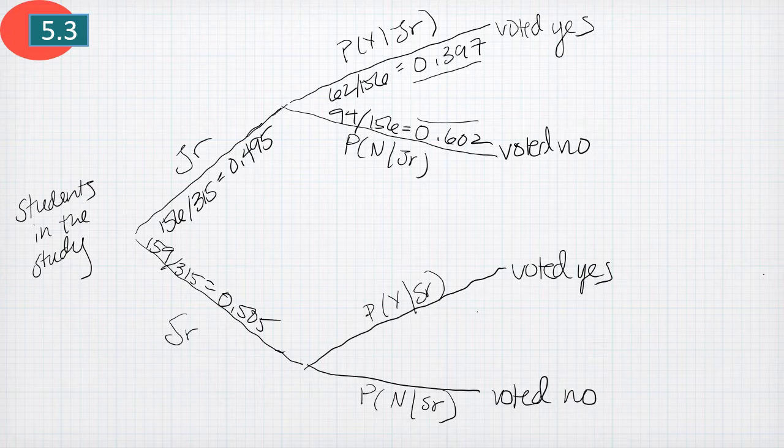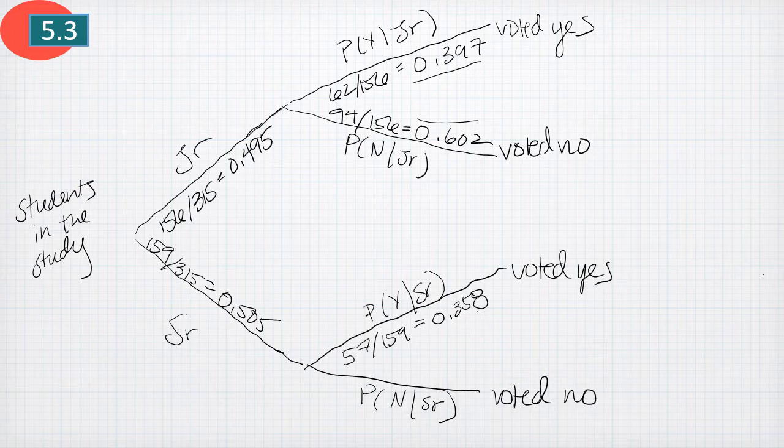Okay, now looking at the yes and the seniors, I have a total of 57 seniors out of 159, which gives me a proportion of 0.358.